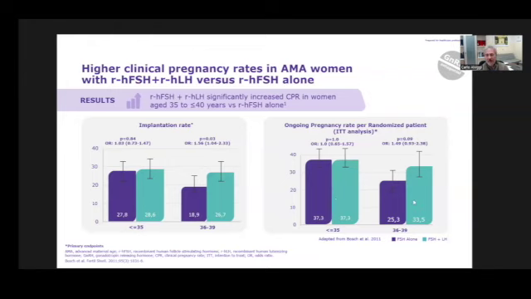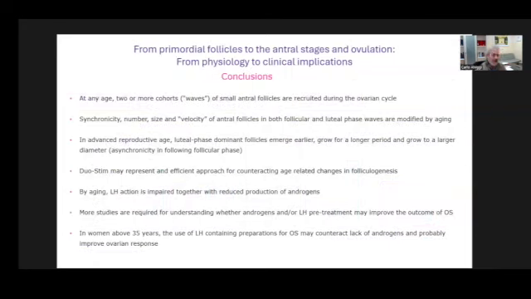In patients above 35 years of age, the combination of FSH and LH significantly improved results. You can see it better here for implantation rate. The difference is statistically significant. So this is just an example, and this is my conclusion.